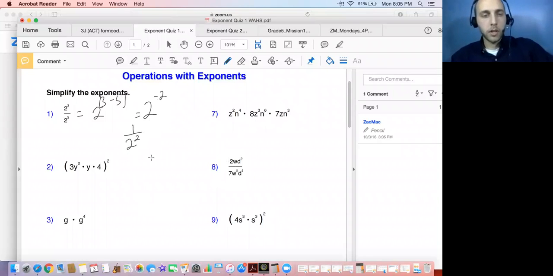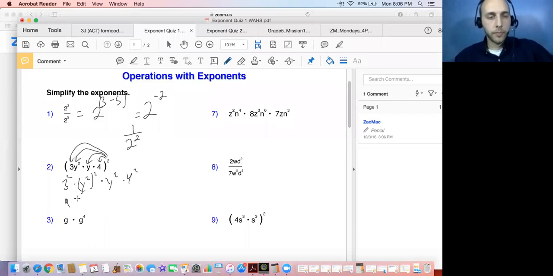Moving on, let's do number 2. A little more involved here. We have our second power here, and we just needed to distribute that to every single thing in here. So 3 to the second power times y squared to the second power times y to the second power times 4 to the second power.